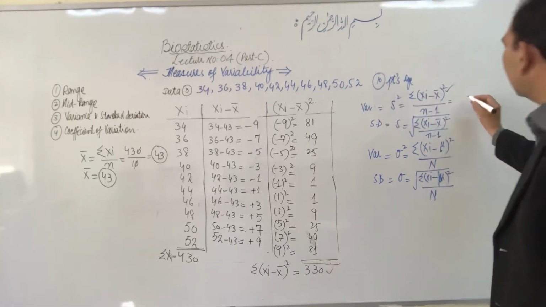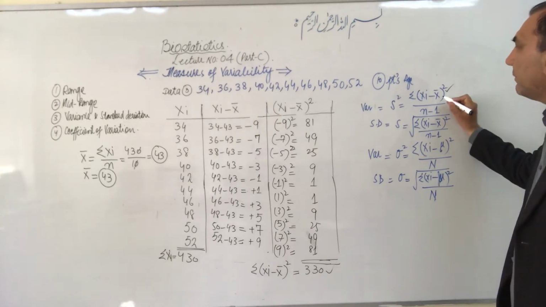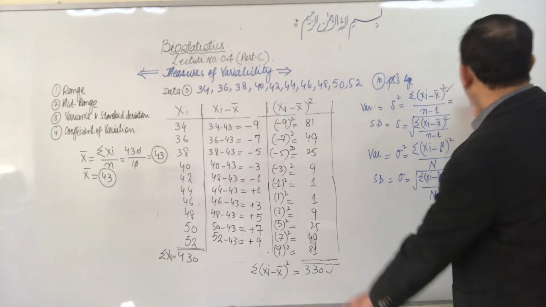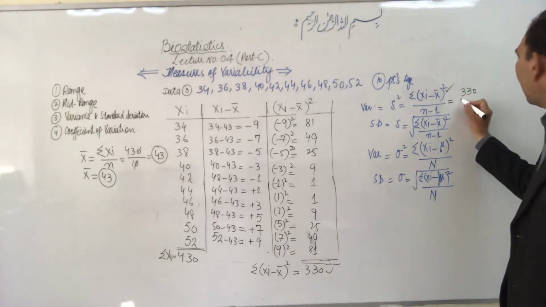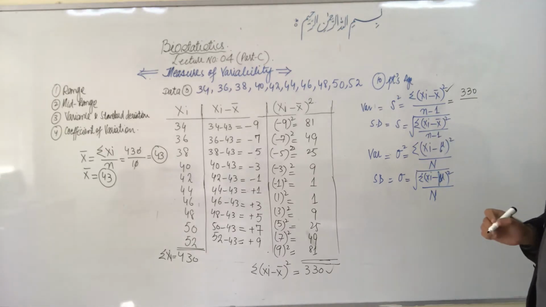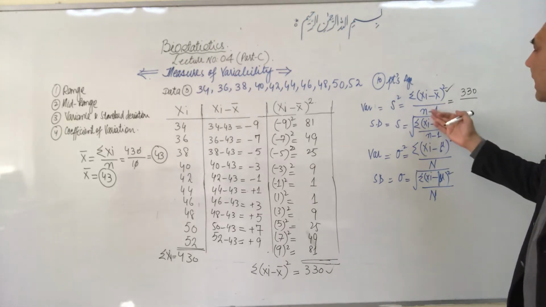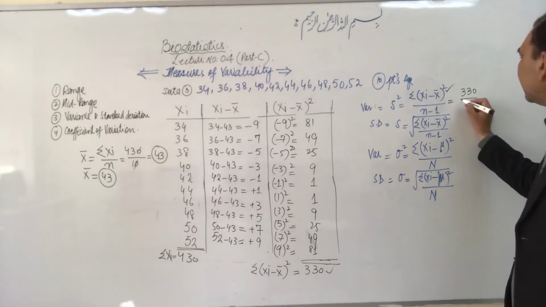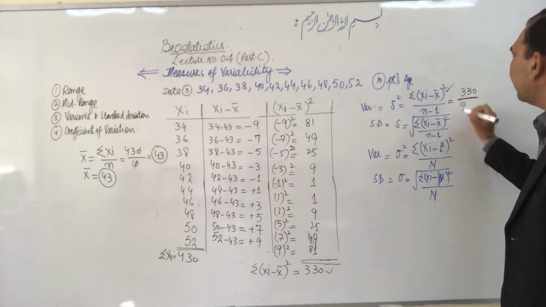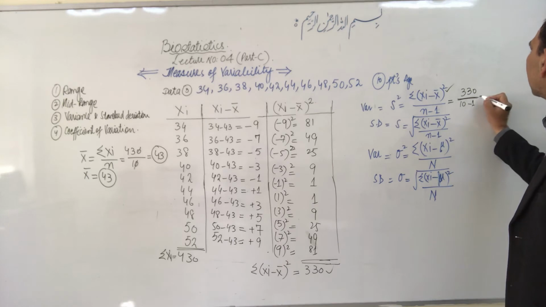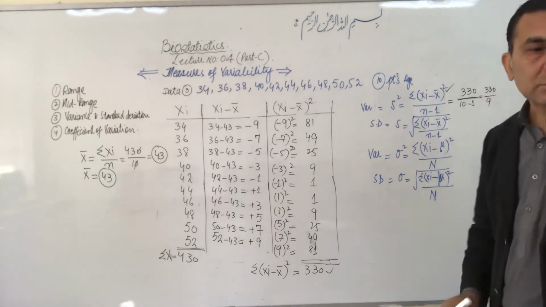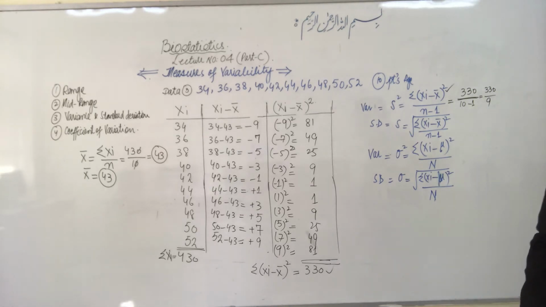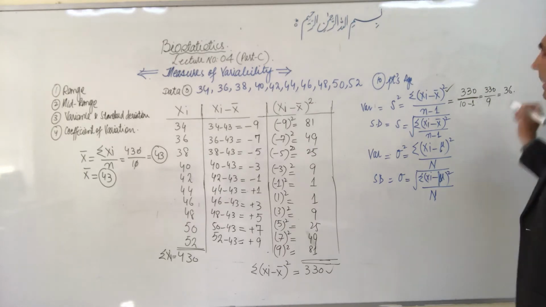The value we came up with is 330, so we will put 330 here. Now the denominator of this formula is n minus 1. What is n? The total n is 10. So 10 minus 1 is 9, and 330 divided by 9 comes up with 36.66.